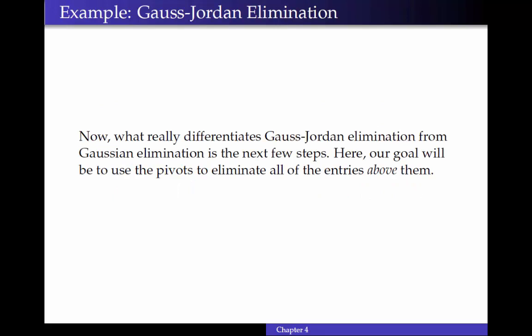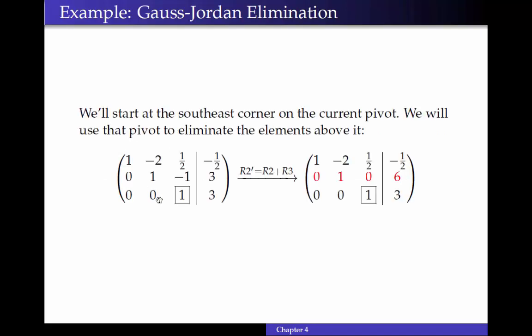So what really differentiates Gauss-Jordan elimination is the next few steps. Here our goal is going to be to use the pivot elements to eliminate all the entries above them. This is where we ended last time, and we have 1s in the pivot positions. Originally we started in this top left corner and made our way down to the bottom right corner. Now we're going to do the opposite.